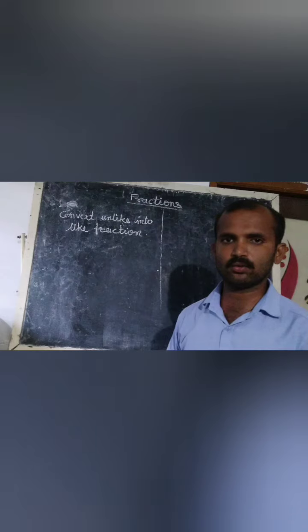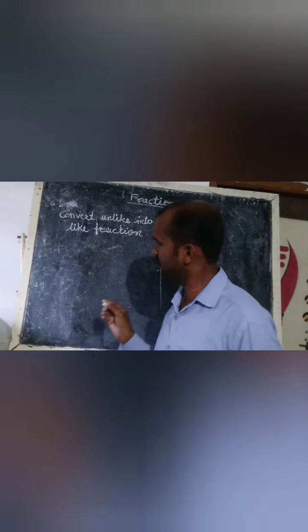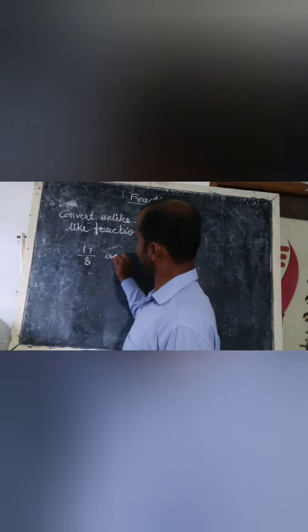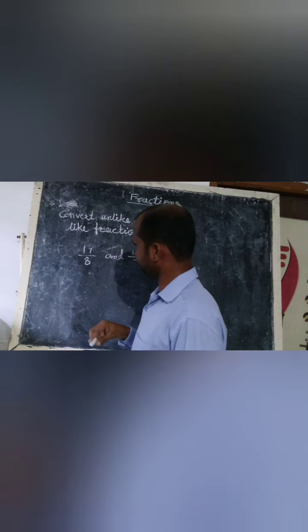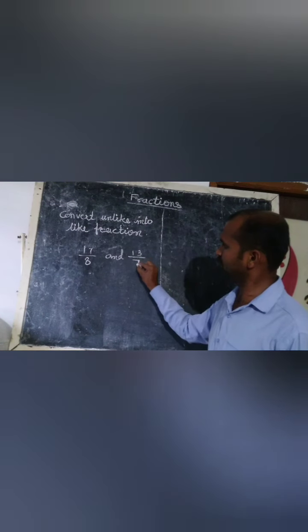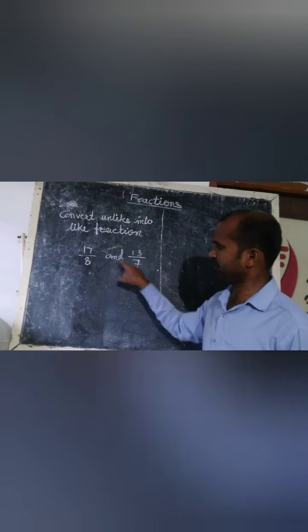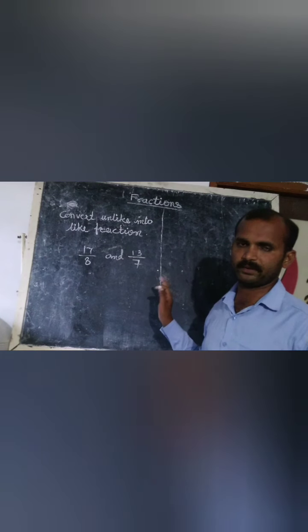You can take your own two fractions with different denominators. For example, 17 upon 8 and 13 upon 7. When we take these two fractions, they have different denominators, so they are unlike fractions.